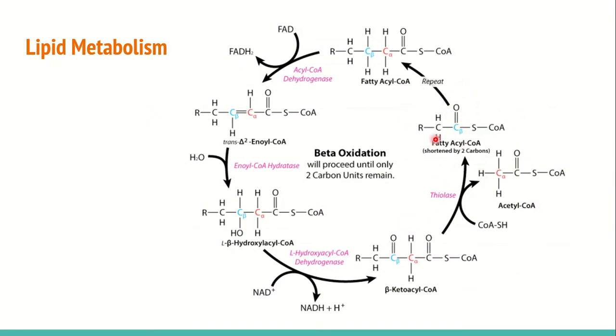So, we have here fatty acyl CoA shortened by 2 carbon bonds. And then, still, the cycle repeats. Okay? The cycle repeats. Yun yung beta oxidation process or yung lipid metabolism. Nangyayari ang lipid metabolism most especially kapag kulang ng carbohydrate sources or glucose sources for energy purposes na need ng animal.